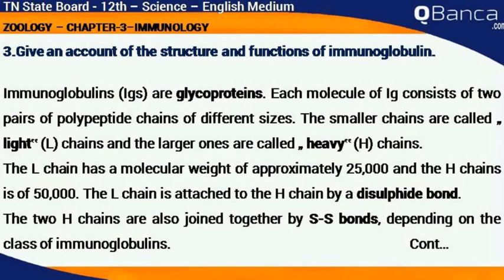The L chain has a molecular weight of approximately 25,000 and the H chain is of 50,000. The L chain is attached to the H chain by disulfide bond. The two H chains are also joined together by SS bonds depending on the class of immunoglobulins.